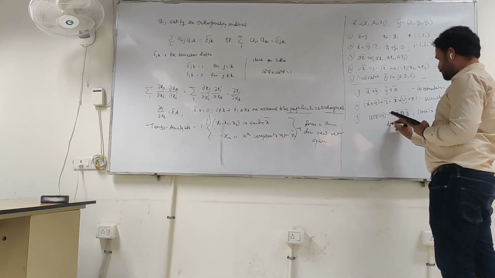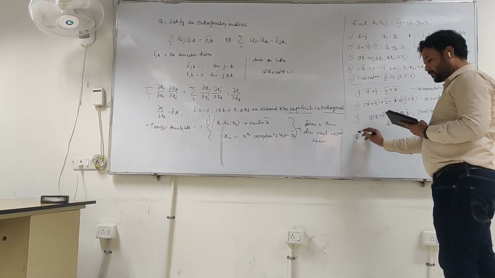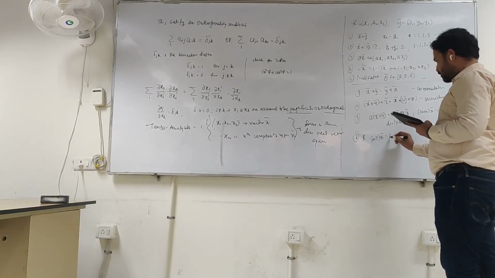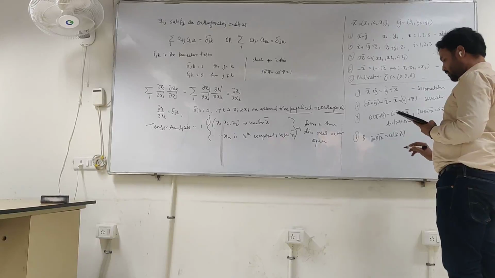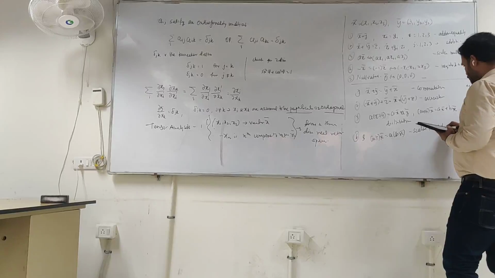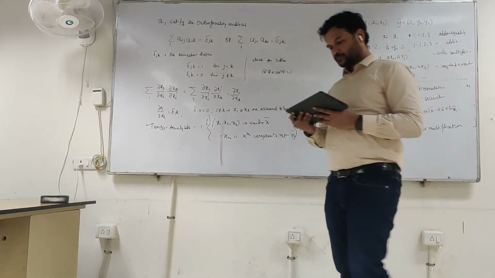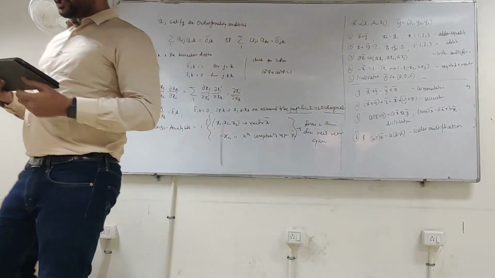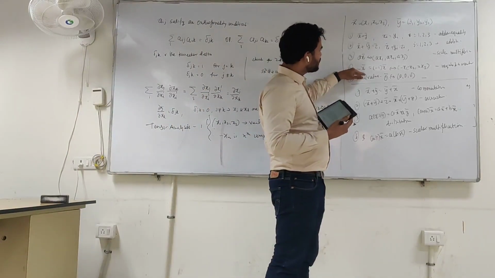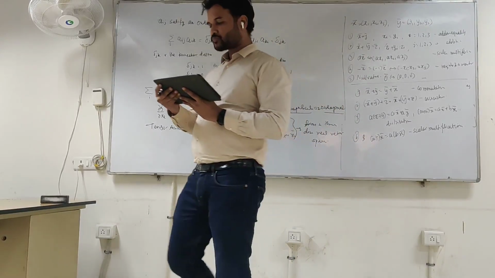This property is called distributive. Also the null vector is unique, as is the negative of the given vector x bar. These are the unique vectors.